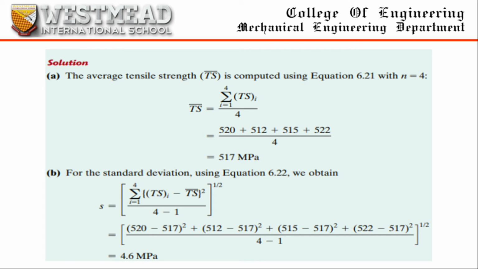So, ang ating equation ay magiging the quantity of 520 minus 517 squared plus the quantity of 512 minus 517 squared plus the quantity of 515 minus 517 squared plus the quantity of 522 minus 517 squared over 4 minus 1, raised to 1/2, makukuha natin yung standard deviation na 4.6 megapascal.